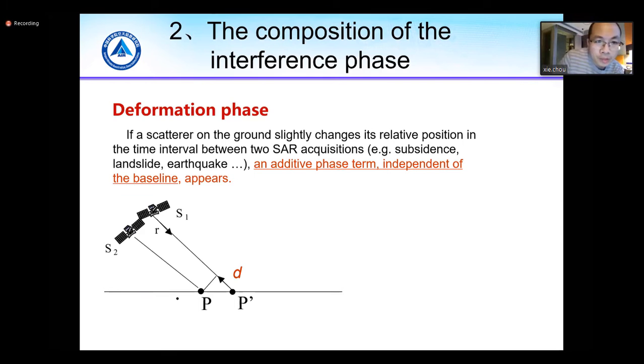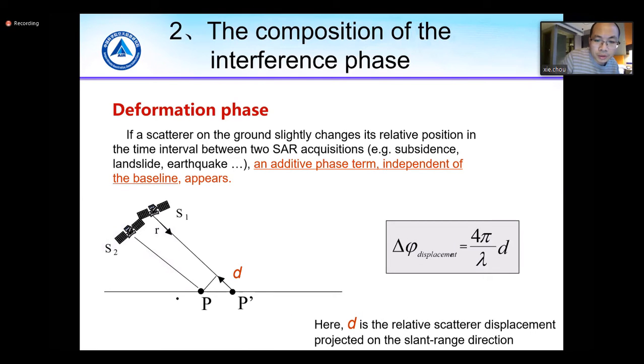Then I would like to talk something about deformation phase. If a scatterer on the ground slightly changes its relative position in the time interval between the two SAR acquisitions, such as sudden landslides or earthquakes, then an additive phase, independent of the baseline, appears.